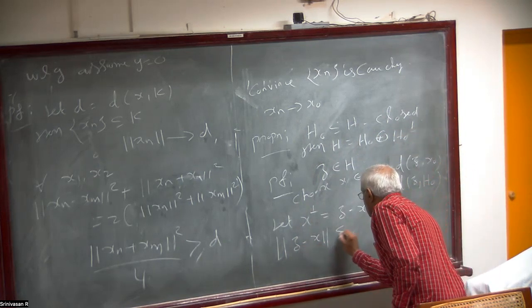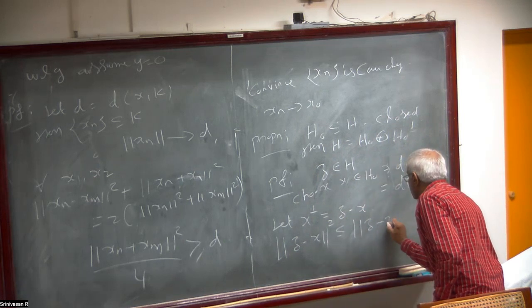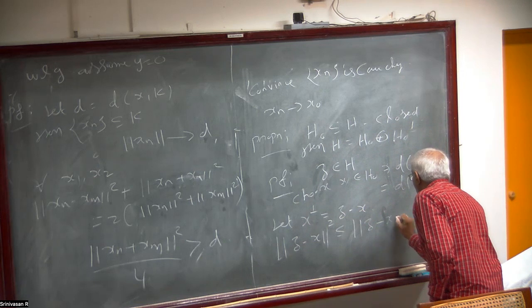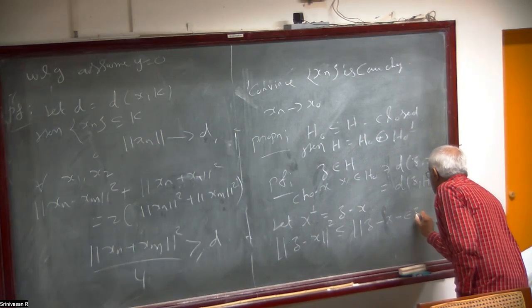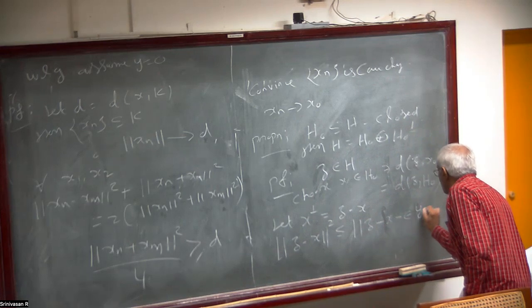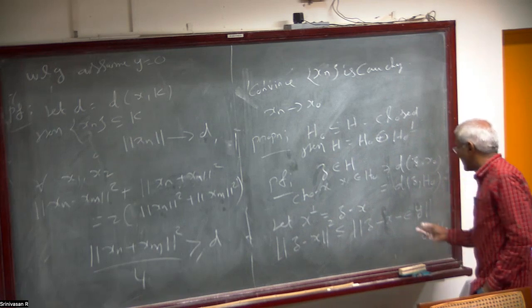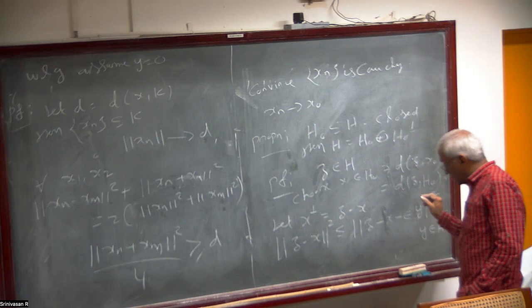This is less than or equal to the norm of z minus x, squared, and I can put a minus, plus doesn't matter, epsilon times y. I can put an epsilon times y, right? Squared.